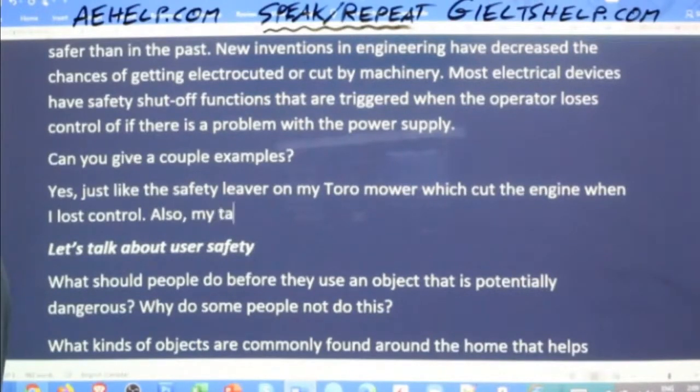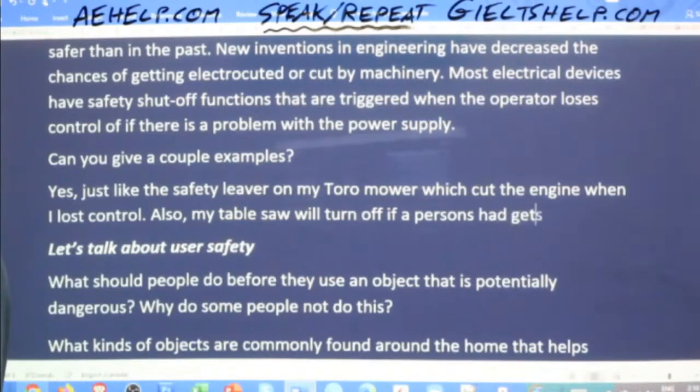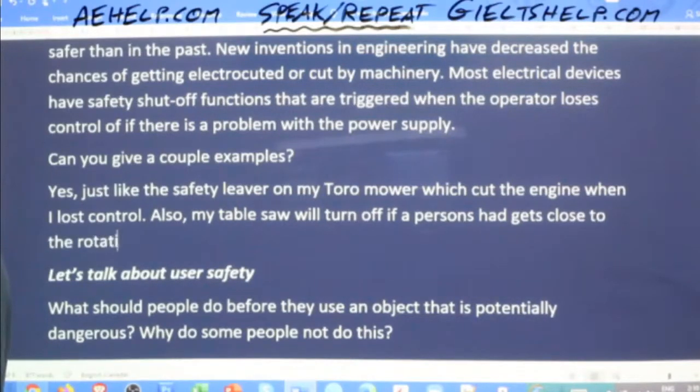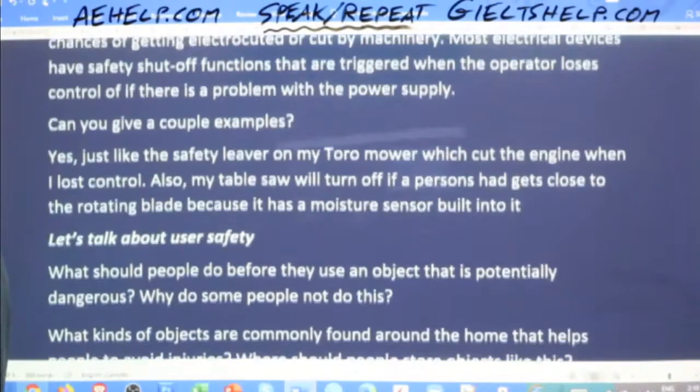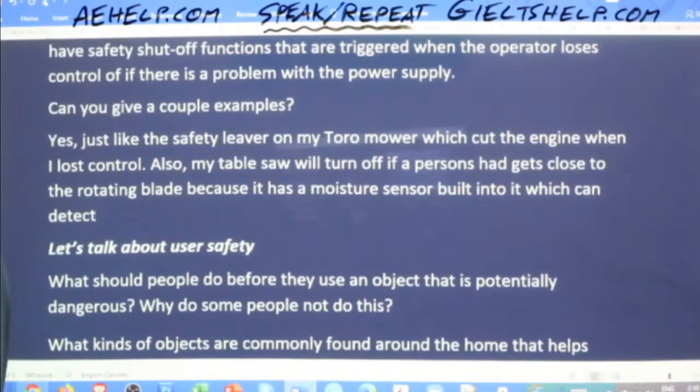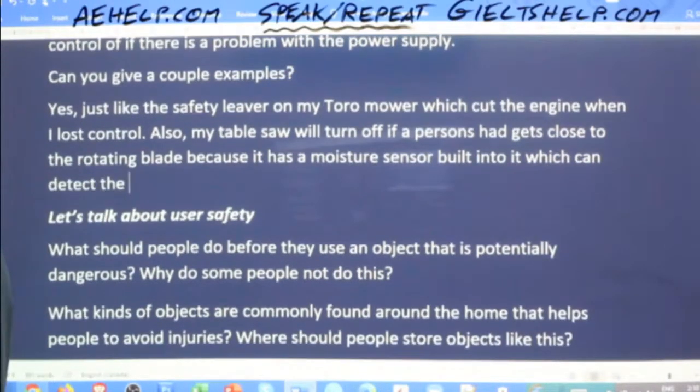Also, my table saw will turn off if a person's hand gets close to the rotating blade because it has a moisture sensor built into it, which can detect the sweat and oil on skin.